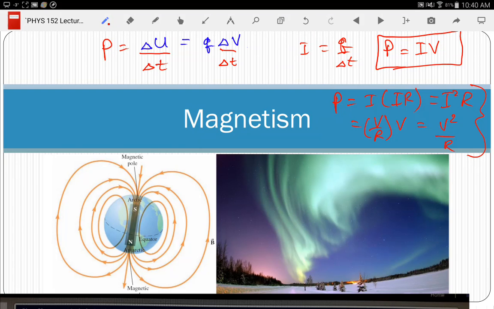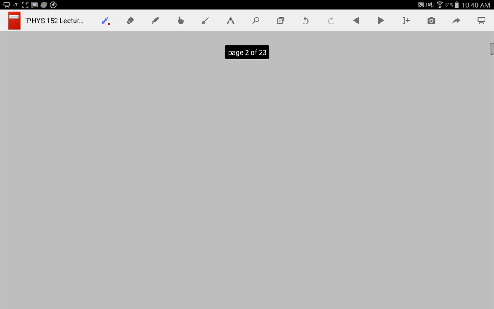So near the poles, charged particles come flying into the Earth's atmosphere because of the Earth's magnetic field. It's the Earth's magnetic field that makes the northern and southern lights, and not a global phenomenon. So we'll learn more about that by hopefully the end of today, depending on the pace of the lecture.